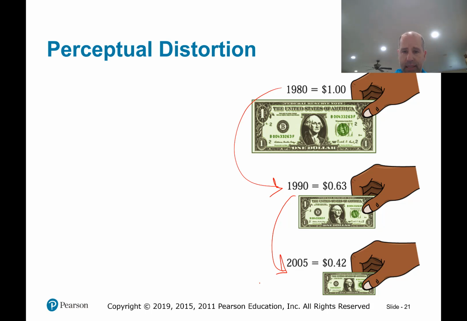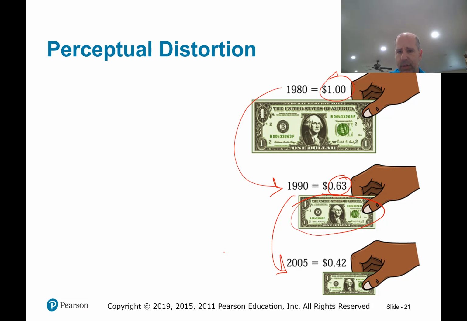And then of course the dollar: a dollar in 1980 is worth 63 cents in 1990. But look at the dollar though. The dollar is less than half the area of the original dollar, which gives you a different view.